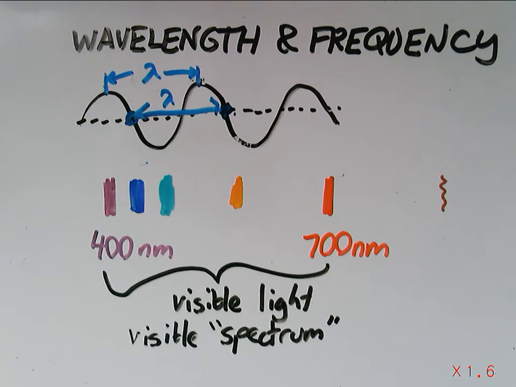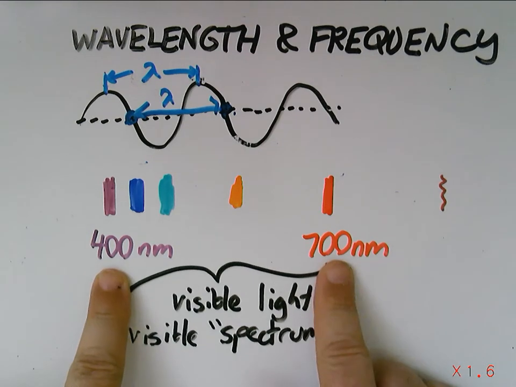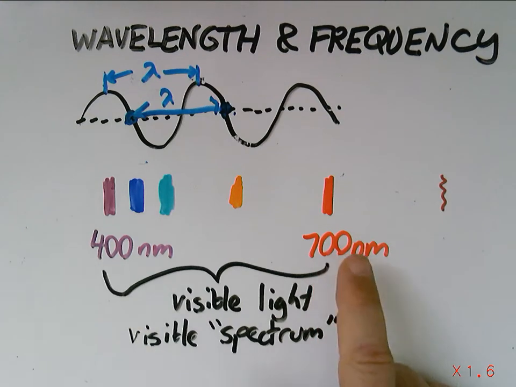Now, not all women can do that, but there are a few who can see these colors. And probably your color perception is quite a bit different from other people's color perception too, if you're one of those people. And they're not that common, so go check that out. But most humans can only see between 400 nanometers and 700 nanometers.